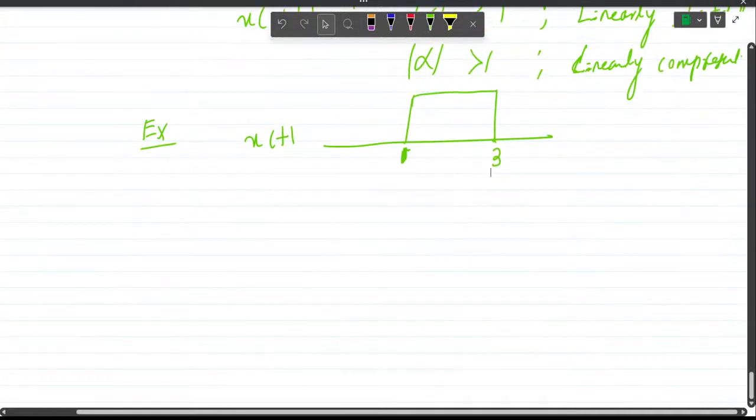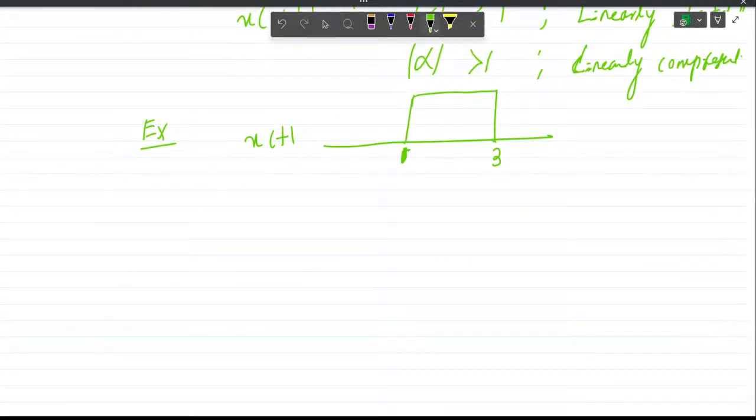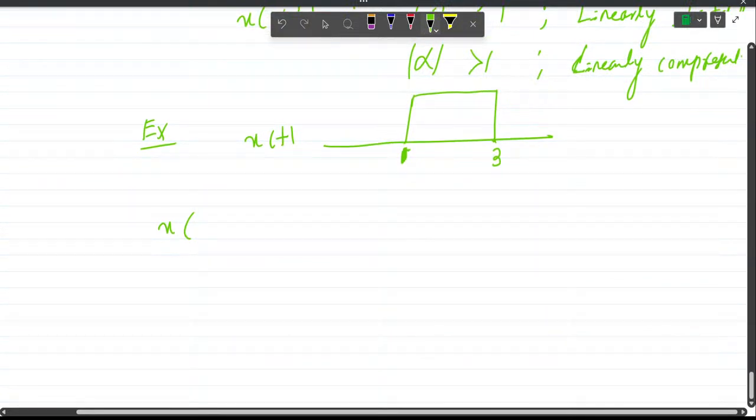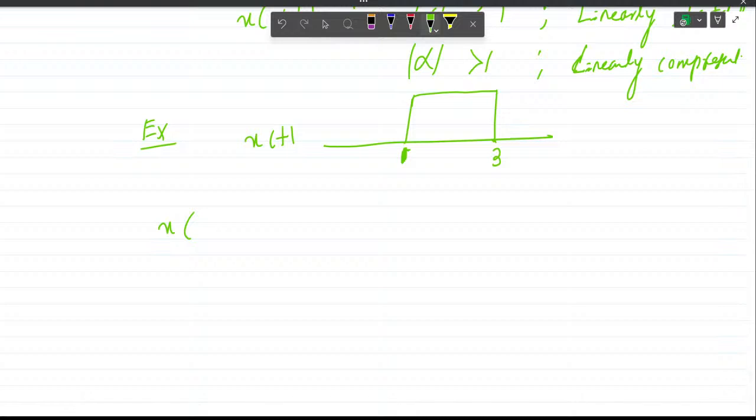Now I need to find x of, first, the magnitude of alpha less than 1, linearly stretched. Let's say I do x of t by 2. Alpha is equal to half, which is less than 1. So the signal will be linearly stretched. Stretch means it will be wider. Wider means what will happen?